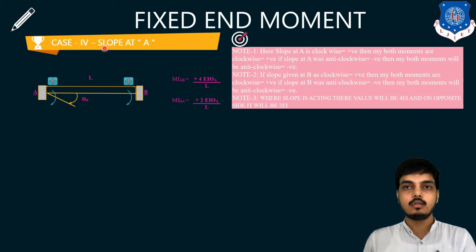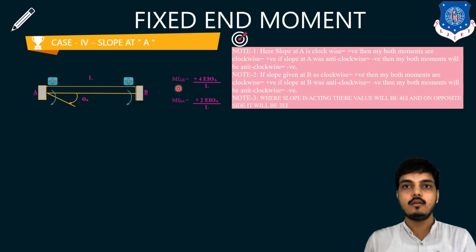The case number 4 is slope at A. If the slope is causing a clockwise direction, both the moments will be clockwise. After derivation, we got that both the moments come clockwise, so both will be positive.